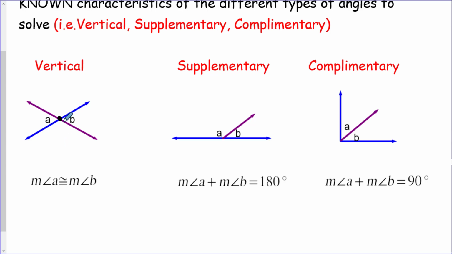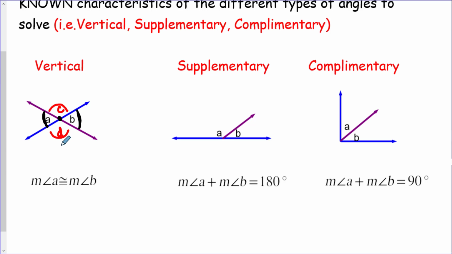So what makes these vertical angles is the fact that they both share rays along the purple line and the blue line. So this right here, angle A and B are vertical. And then we could even take it further and say angle C and D are also vertical.